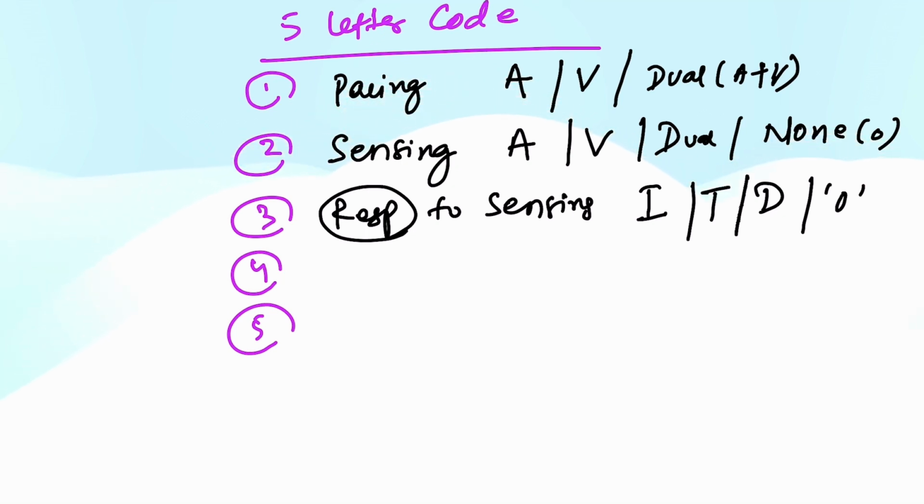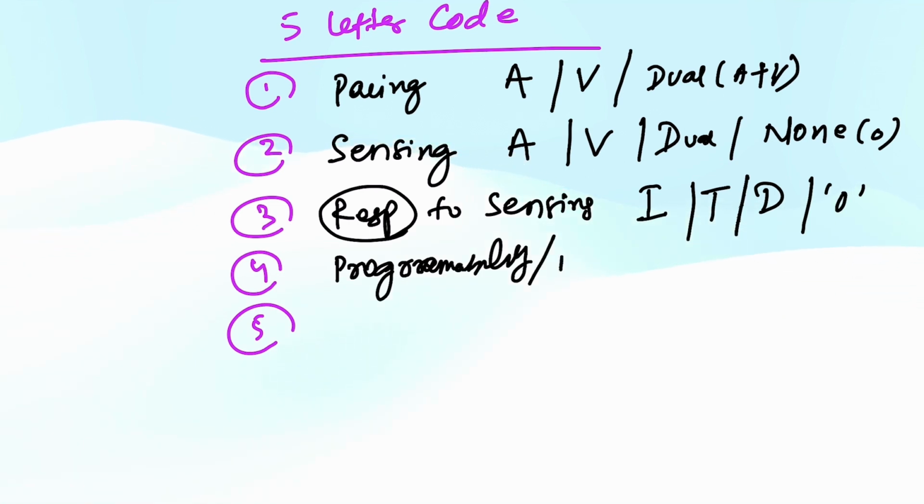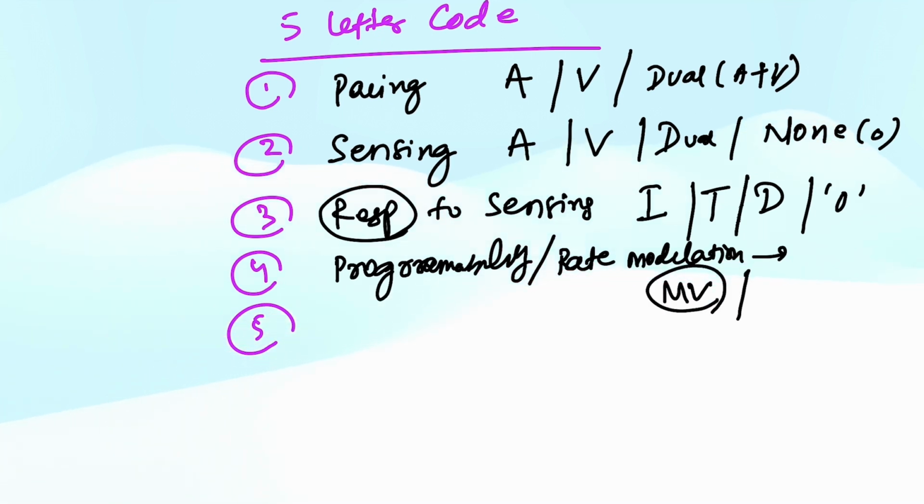The fourth code represents programmability, also called rate modulatory function, which varies its output depending upon the physiologic need of the body, mostly with respect to minute ventilation or exercise.